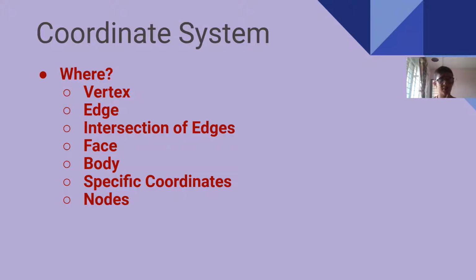We can also specify specific coordinates for where the origin should be, or select some nodes, etc. When we first insert a new coordinate system and select the origin by selecting an edge, vertex, face, or body, the orientation of the x, y, and z axes, which are the three principal axes, will be the same as the global coordinate system.